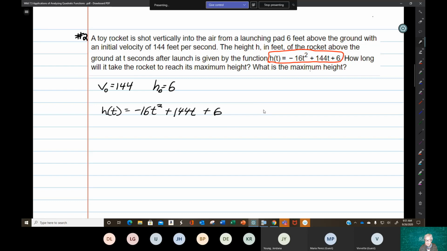You've got this toy rocket. It's 6 feet above the ground. When it goes kaboom, its maximum height is going to be here at what we call HK. The H is different. It's not the same as that H. H represents the time, really, that it takes to get up to K, and they're asking for both.